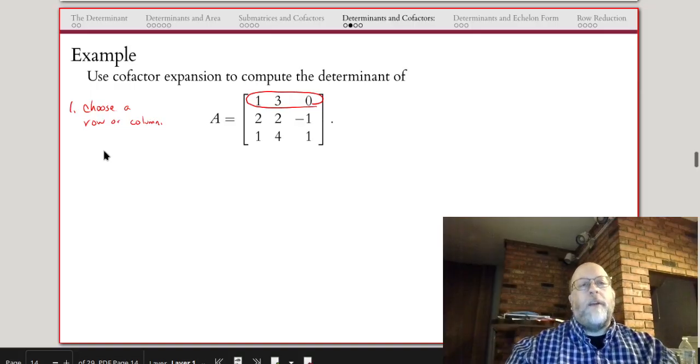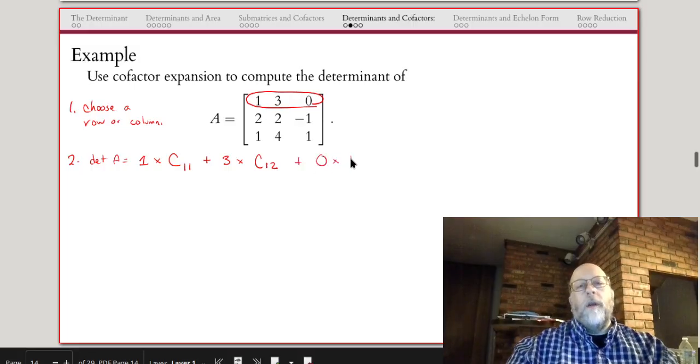I could have chosen any row or any column. The determinant of A is the numbers in the row, so 1 times the cofactor in that position, which is the 1, 1 position, plus 3 times the cofactor in this position, which is 1, 2, plus 0 times the cofactor in the 1, 3 position.